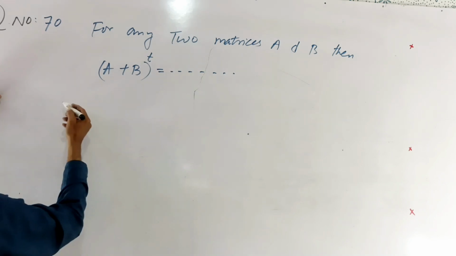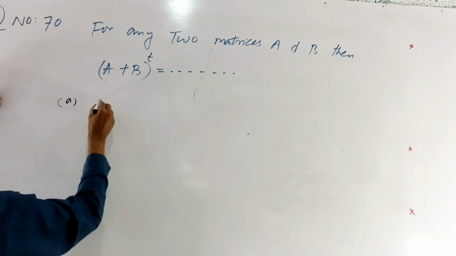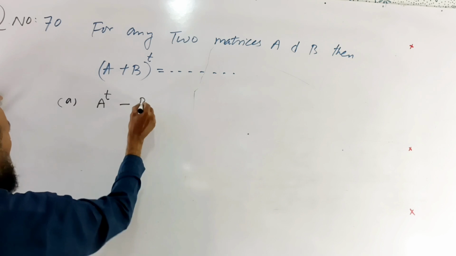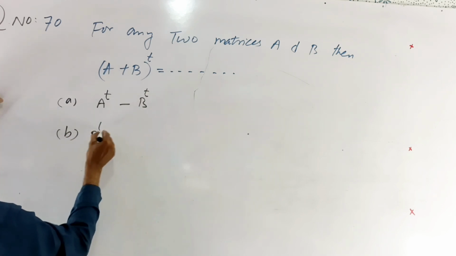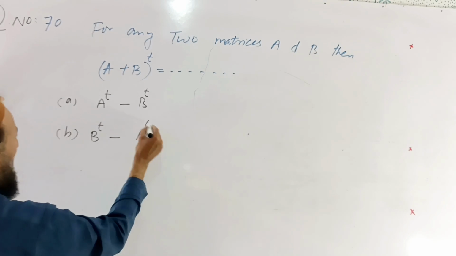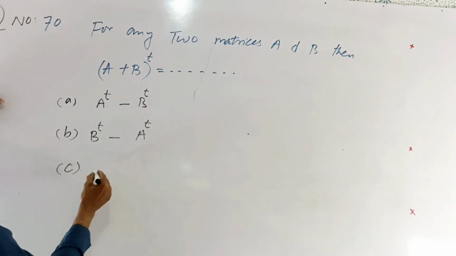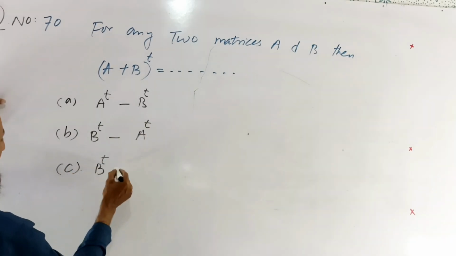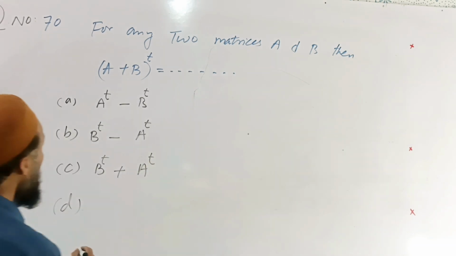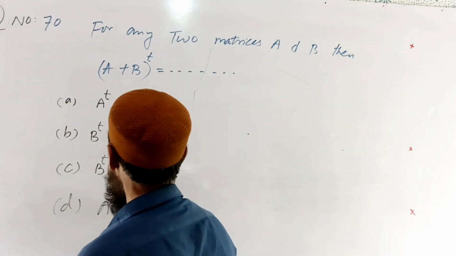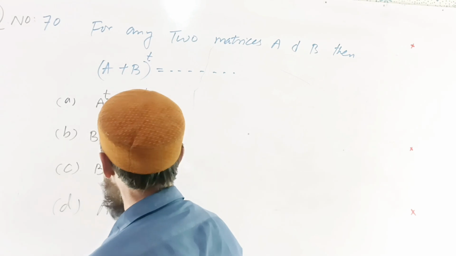A: A transpose minus B transpose. B: B transpose minus A transpose. C: B transpose plus A transpose. And D: A transpose and B transpose.